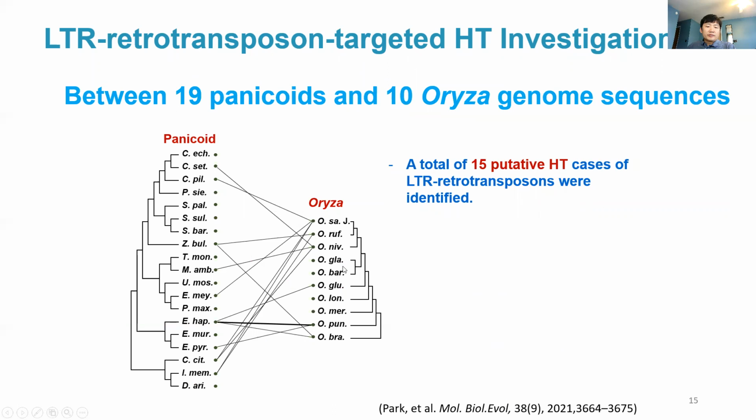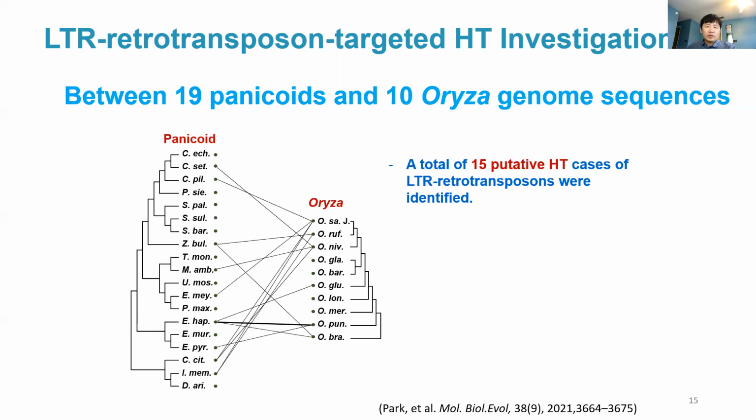Because the horizontal transfer was identified only from Oryza species among the 150 angiosperm genomes, we further investigated horizontal transfer with 10 different Oryza species that have assembled whole genome sequences.